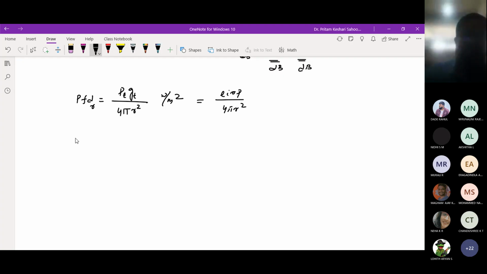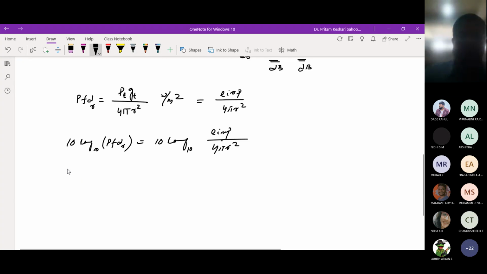Now, if I take the logarithm of the left-hand side and right-hand side, this will be log base 10 of the power flux density at a distance r, which equals log base 10 of EIRP divided by 4 pi r square.